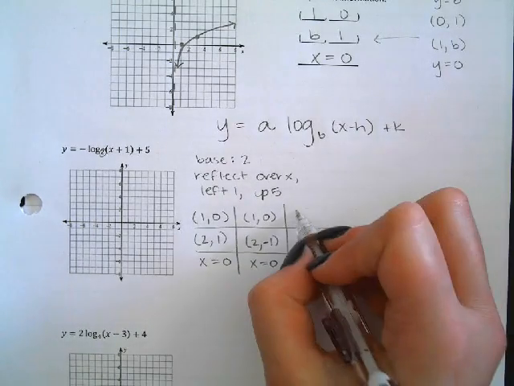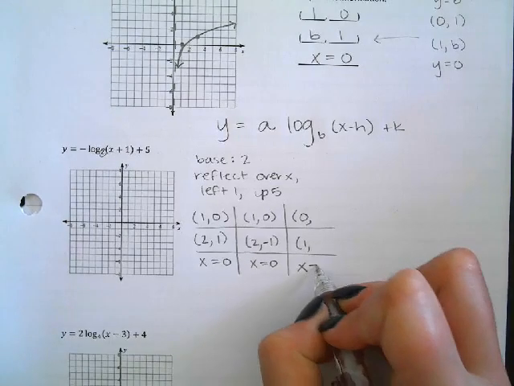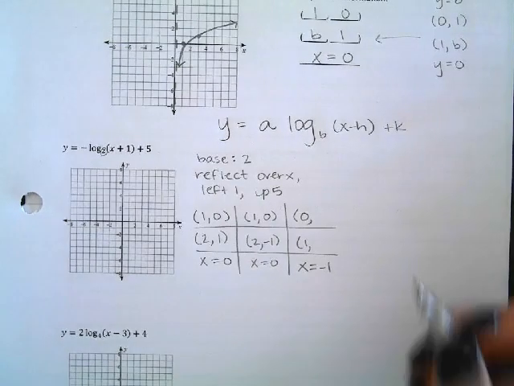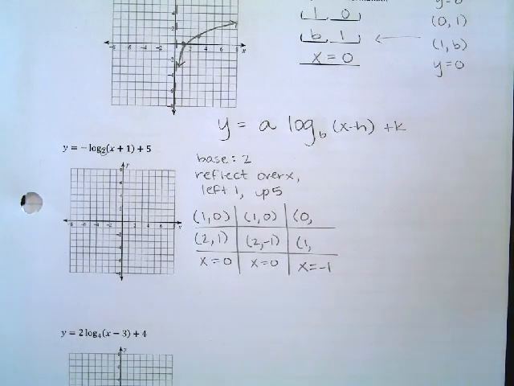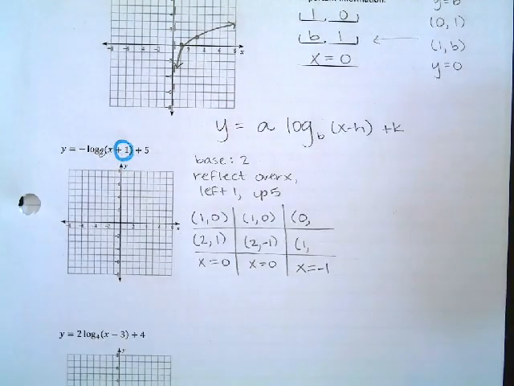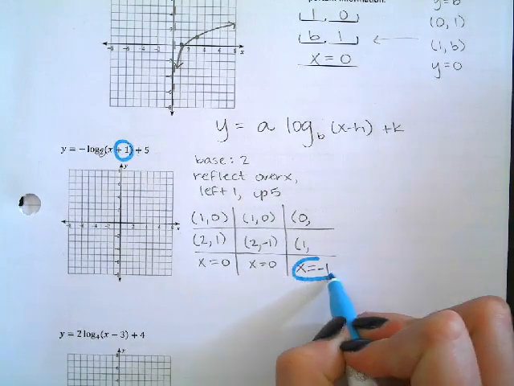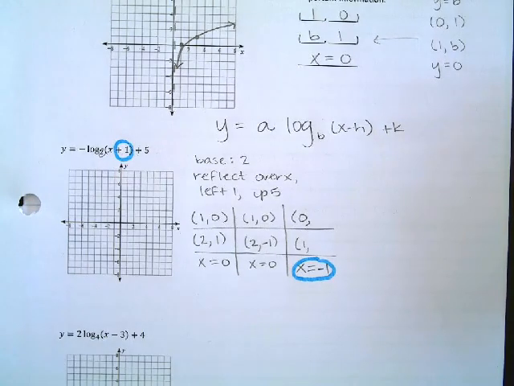We're going to shift to the left 1, so the vertical asymptote shifts to the left 1. So if you guys recall, when we were doing our exponential notes, the number on the end was the asymptote. Now, since we're thinking kind of like the opposite of that, because we're doing the inverse of exponential, then the inside is going to give us the asymptote this time.